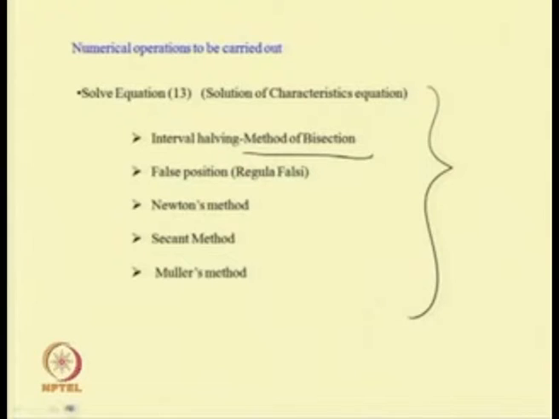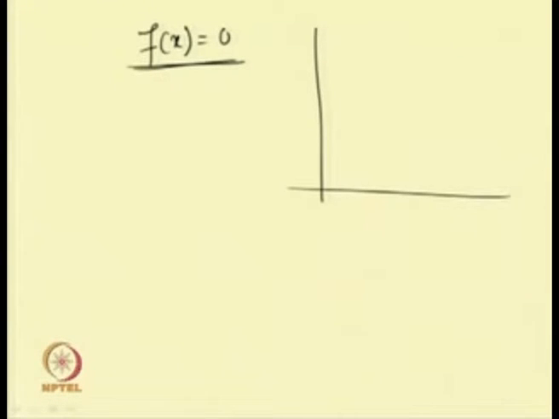Let us say we are given a function f x equal to 0. We have to solve this equation numerically to find the solution. While solving this equation, one can use two different approaches.